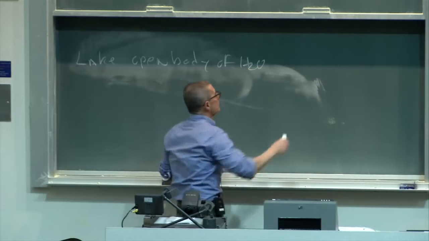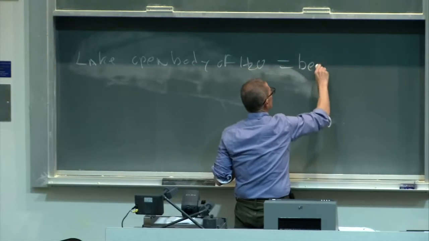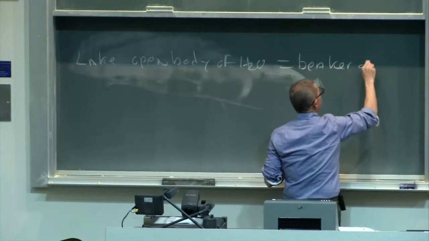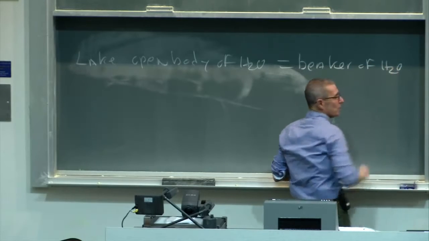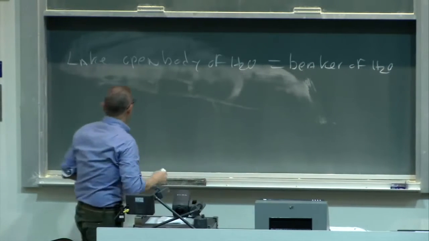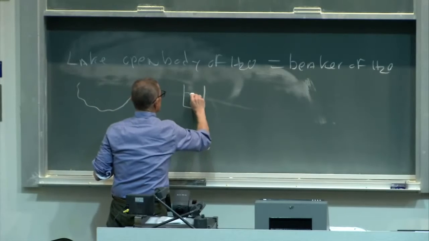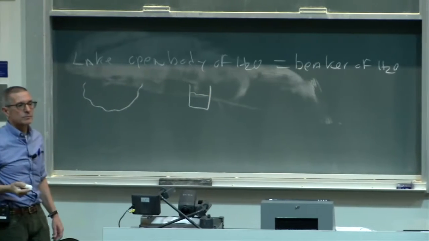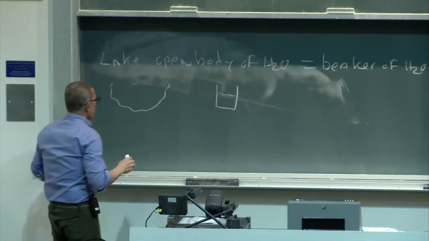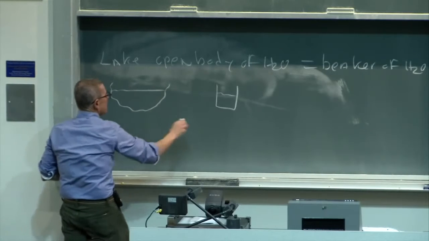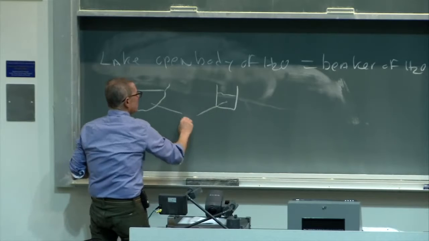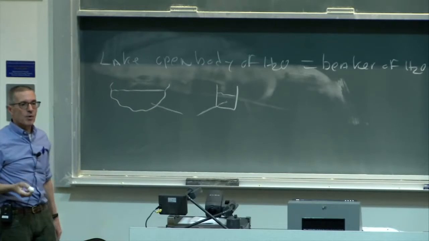That's essentially equivalent to a beaker of water. Now, here we have our lake, and here we have our beaker, just to make it a little more lab-like. And this water here in the lake and this water here in the beaker both have a water potential.